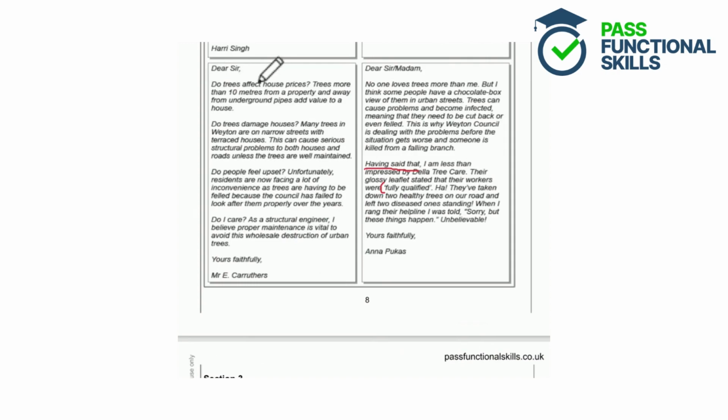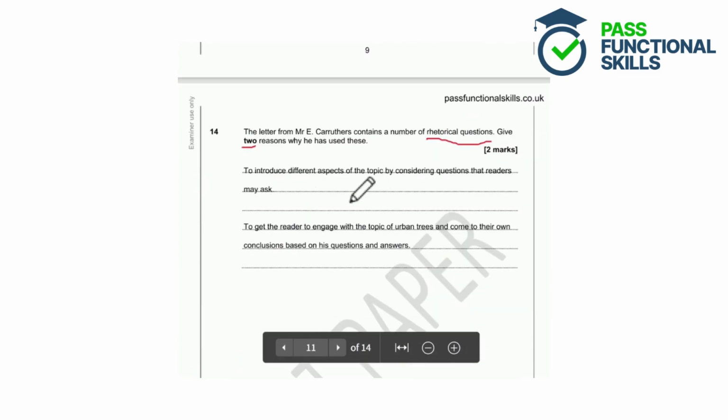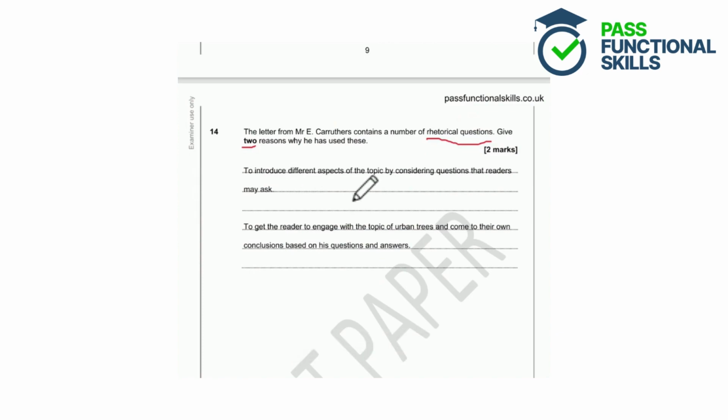So do trees affect house prices? Do trees damage houses? Do people feel upset? Do I care? So he's used rhetorical questions here almost like subheadings. So he's used them to introduce each topic. So that is one reason. So he's used them to introduce different aspects of the topic by considering questions that readers may ask.